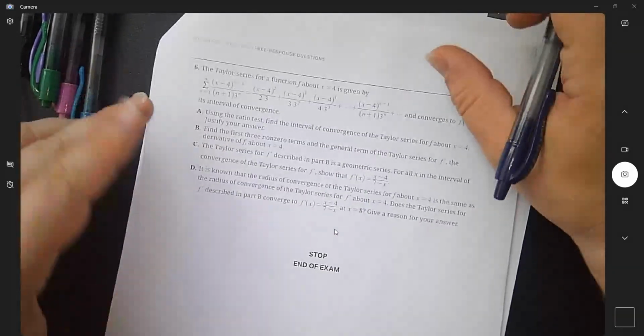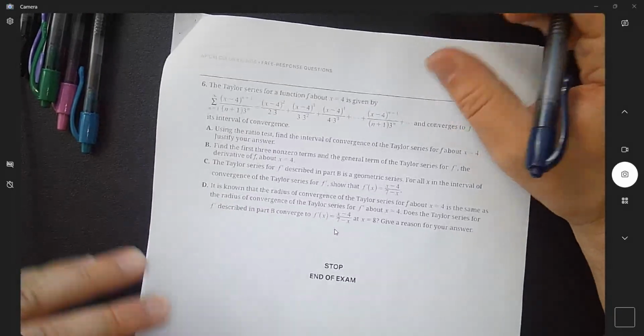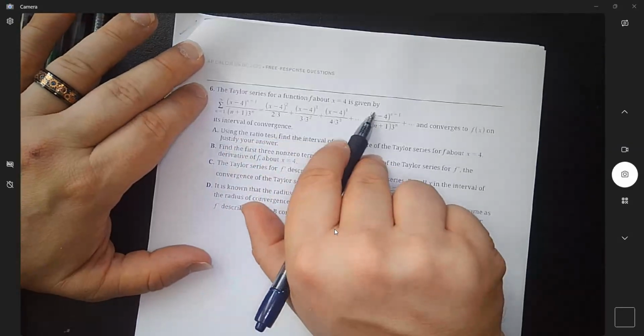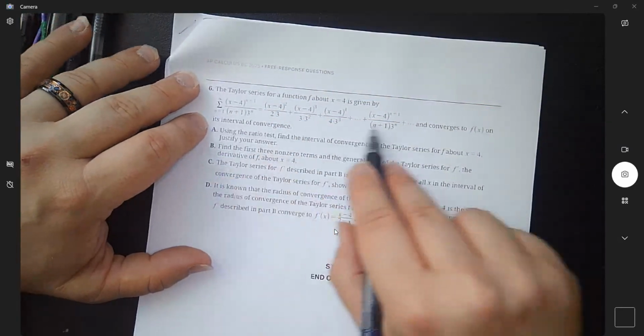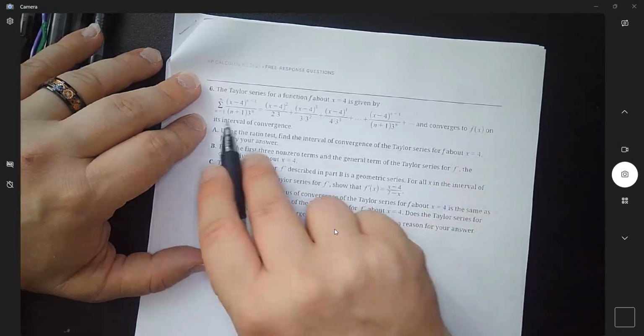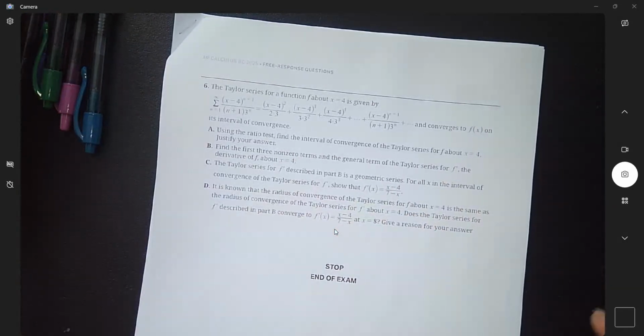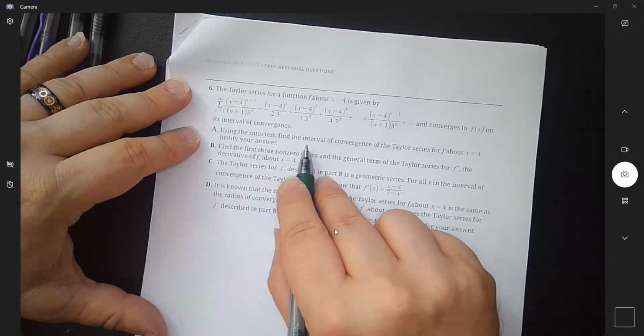Oh, it's more Taylor series. Yay. The Taylor series about f is given by this and converges to f of x on its interval of convergence. Using the ratio test, find the interval of convergence.